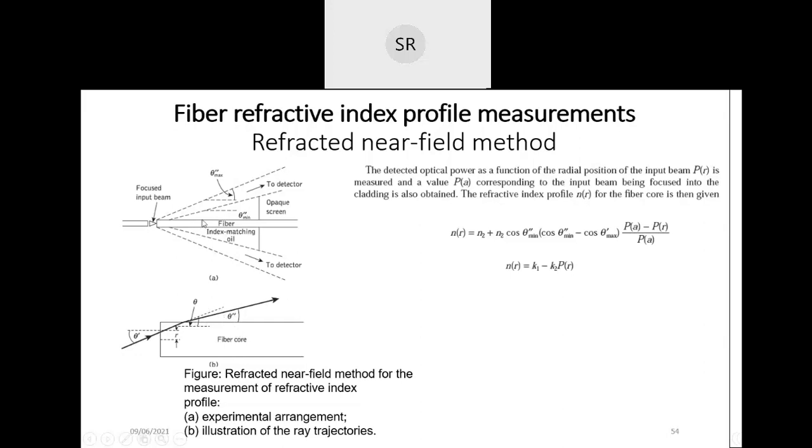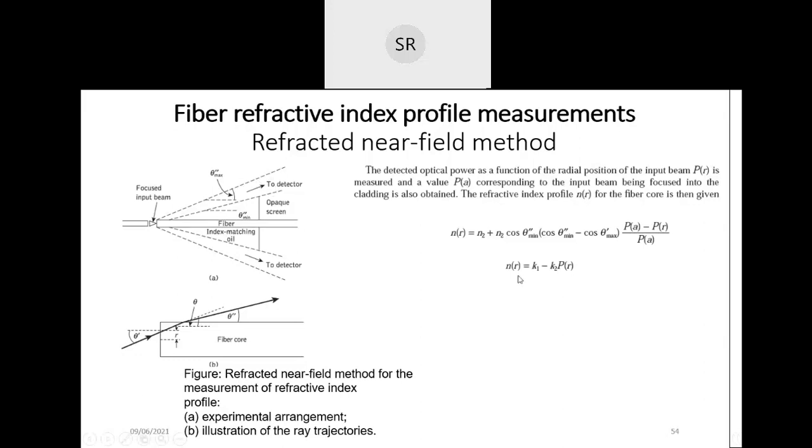Now here we will measure the signal refracted outside the fiber core, and that power is to be measured. That is, the output signal at that particular theta dash will be detected, and then we will measure the power, and the power propagating inside the fiber core, that is P(R) here.